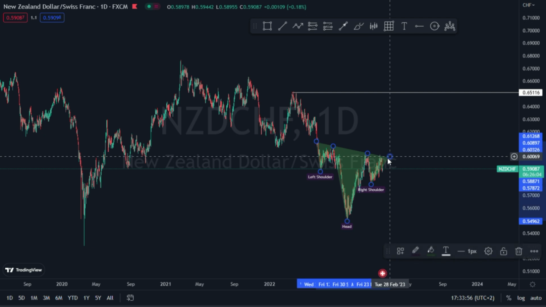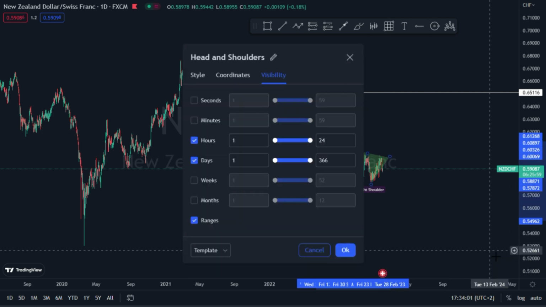What I mean when I say I'm just gonna enter if the market presents proper structures. So let me just hide this so that it may be visible only on this daily time frame.